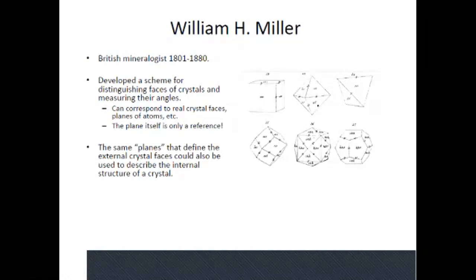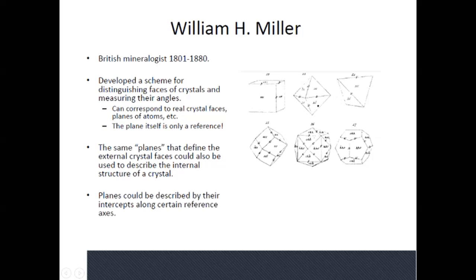The planes on the external faces of crystals can also be used to describe what's inside the crystals. And that's where we get what are called the HKL planes, or what's on the inside of the crystals that diffract the X-rays. Each plane consists of a series of atoms on it. So when the X-rays strike, the crystal diffracts the X-rays.